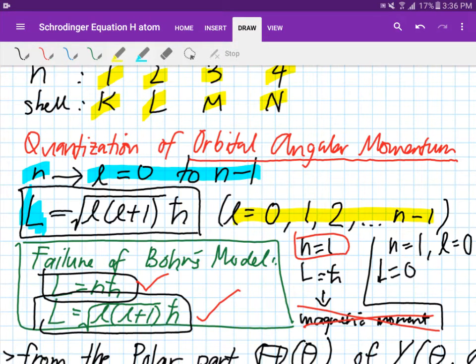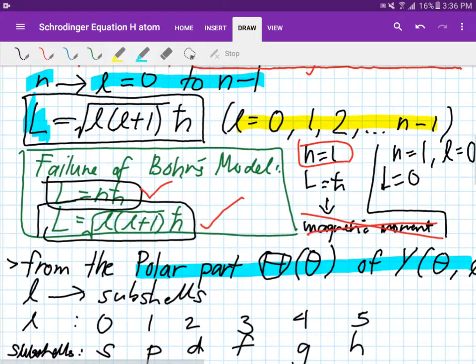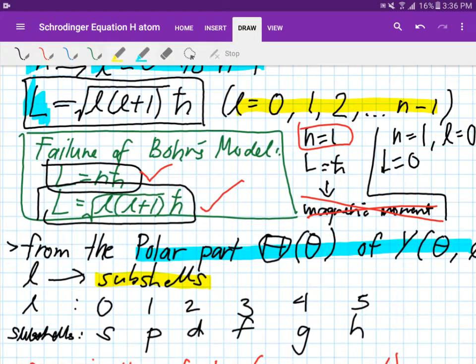The quantum number l arises from the polar part of our solution. It being limited by n, wherein the shells, it is called the subshells. So the subshells s, p, d, f, g, and h are associated with quantum number l equals 0, 1, 2, 3, 4, and 5.